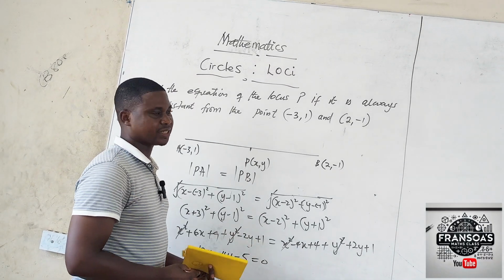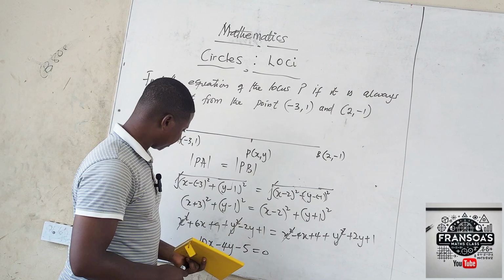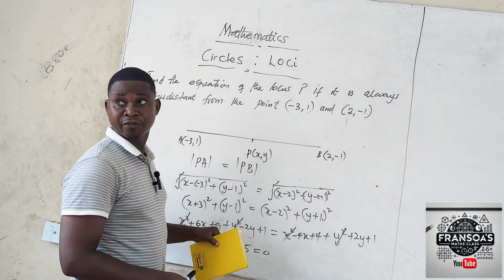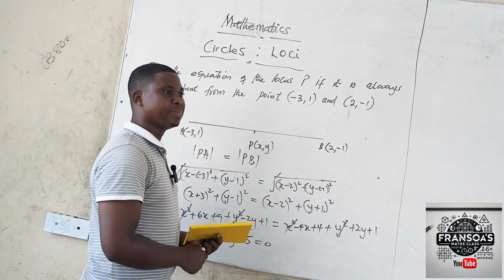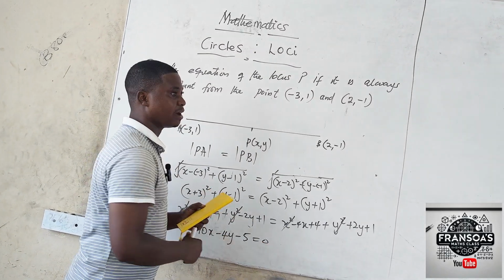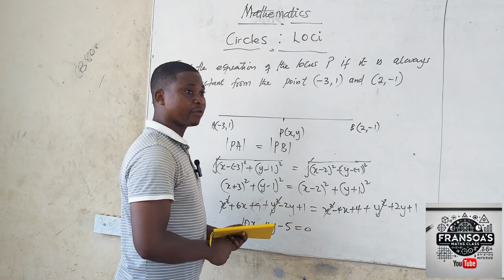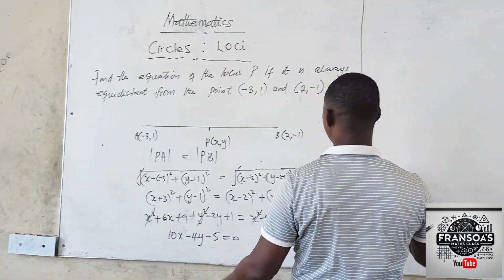But we need to describe it. To describe this equation of the locus, it means this one is an equation of a line, because an equation of a line should be in the form ax plus by plus c, and this is in that form. So we have to get the gradient and the y-intercept. To get that, you have to make y the subject.